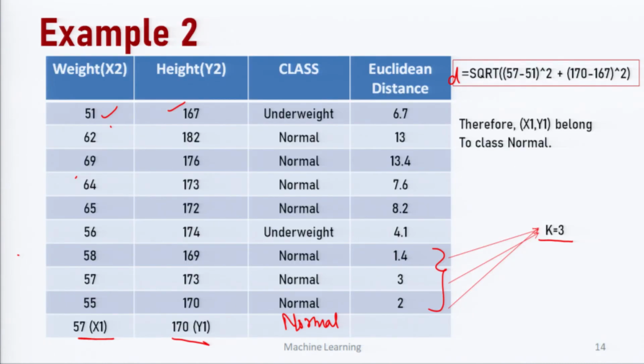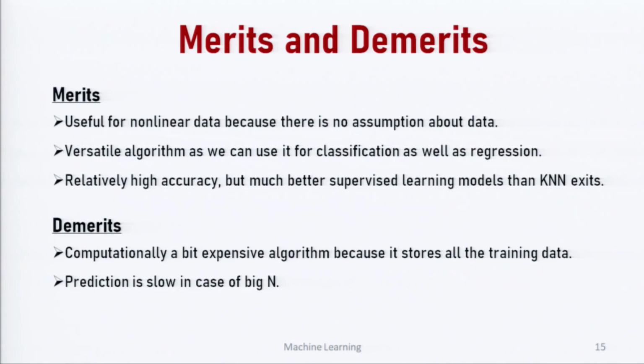This is how we apply the KNN algorithm on a data sample to predict the class. So, it is a classification kind of problem. Now, let us see the advantages and disadvantages of this KNN algorithm. Basically, it is useful for non-linear data because there is no assumption about the data.